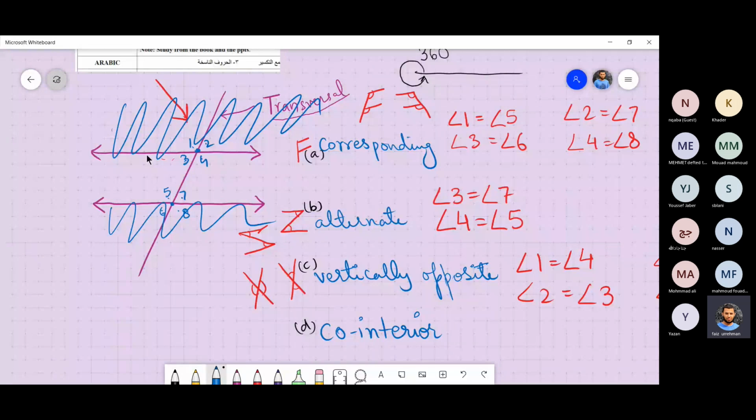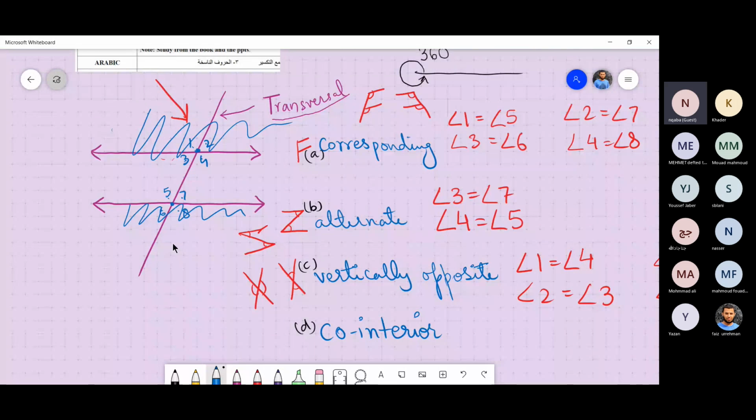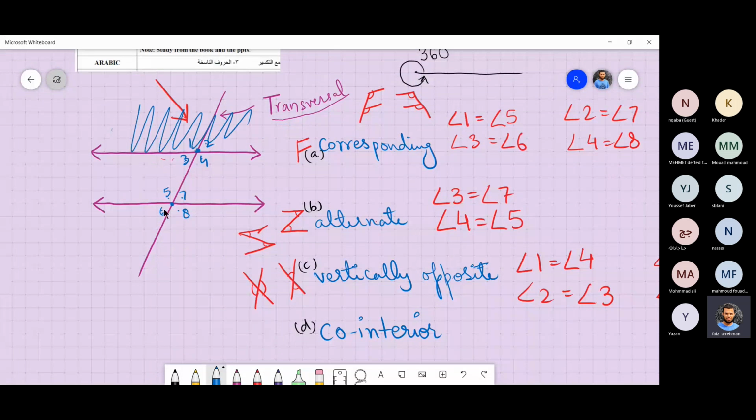Okay, so to understand co-interior, you have to hide the above and hide the below. Now, which angles can you see?